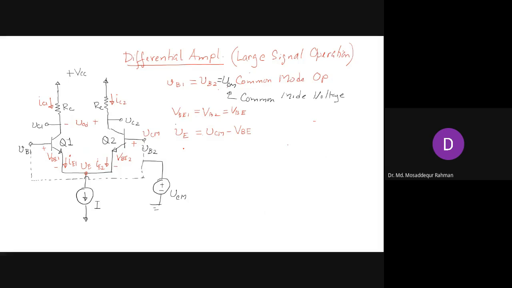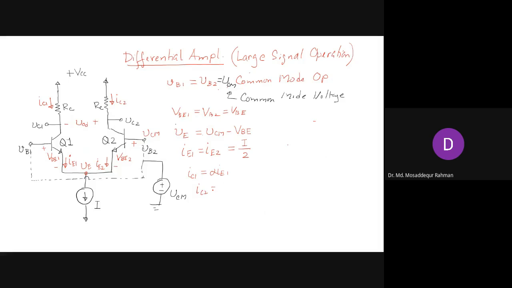So IE1 will be the same as IE2, since they have the same forward bias voltage, and that will be half of this current, since the summation of these two will be I. So IE1 and IE2 will be I by 2, and IC1 is alpha IE1, right?